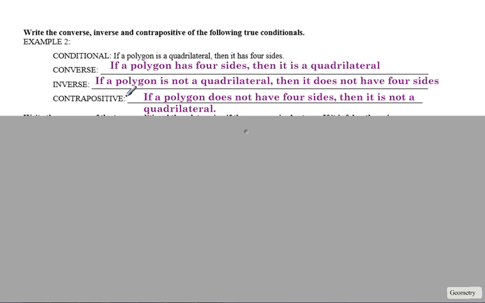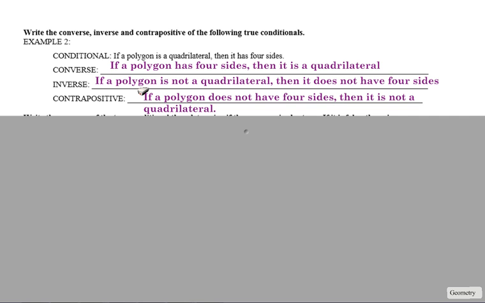All right, and then finally for our contrapositive, we're flipping our P and Q, and then we're negating it. So remember, if you wrote, if it does not have 4 sides, then the polygon is not a quadrilateral, that is going to be marked wrong. We have to identify in our opening statement what it is.